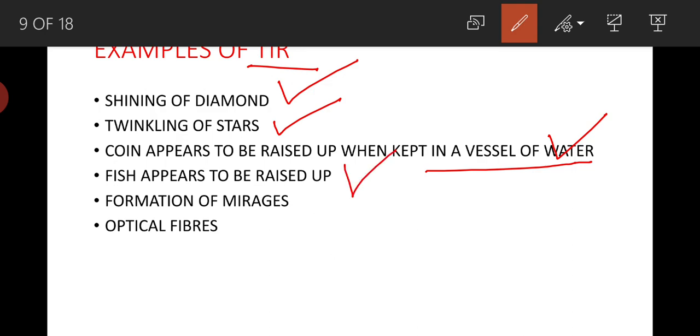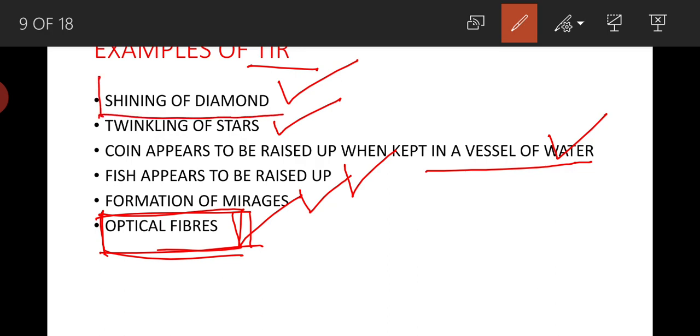A fish appears to be raised up. This is also because of total internal reflection. Formation of mirages and optical fibers. All these are examples of total internal reflection. Now I am going to explain how optical fibers work based on total internal reflection and how diamond shines because of total internal reflection.